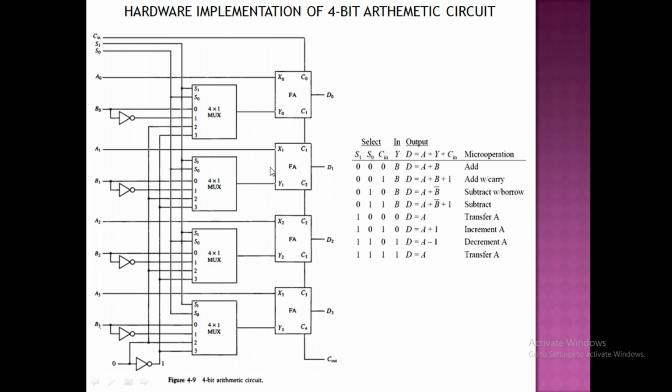And coming to the fifth one, when the selection lines are 1 0, that is the third pin of the multiplexer, that is pin 2, it performs transfer of A. When this bit is 0, we get x0 as A and y0 as 0, and A plus 0 is A, so transfer of A. And when the selection lines are 1 0 and the carry input is 1, we get x0 as A, y0 as 0.